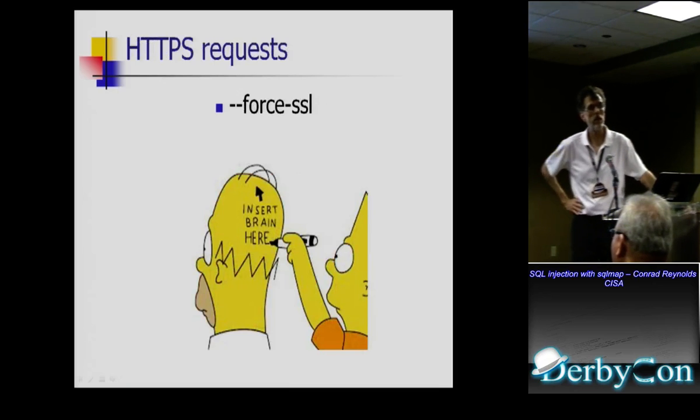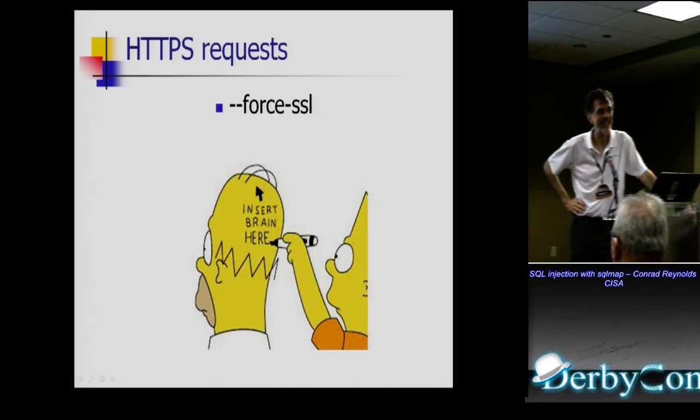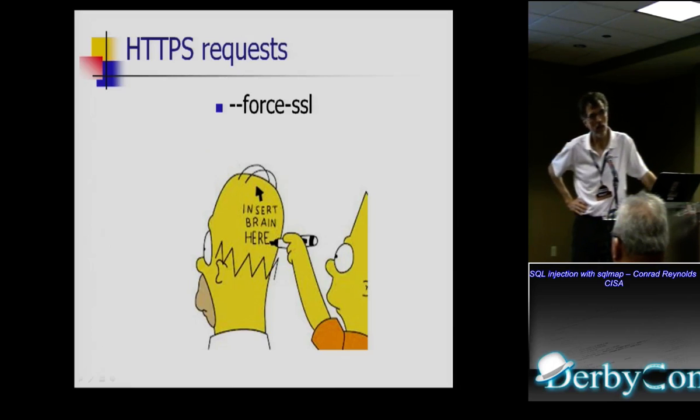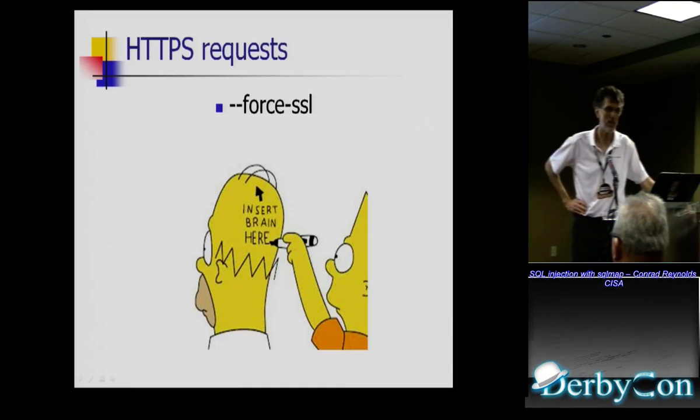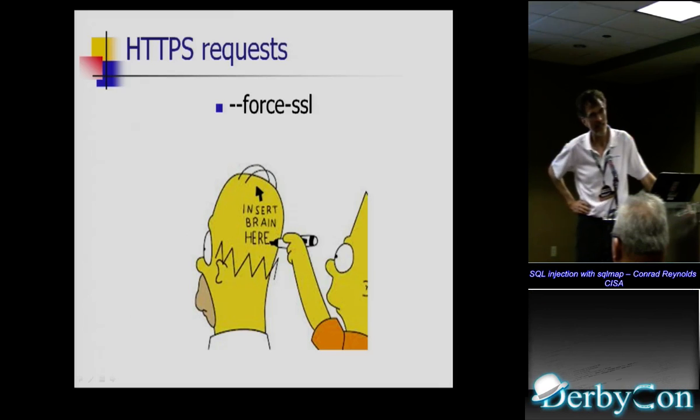Don't forget this one. I forget it at least once a month. If the website that you are attempting to inject into is an HTTPS website, remember to use the option --force-ssl. Otherwise, what will happen is Sqlmap will simply come back and say that its request failed. It won't tell you that the reason it failed is because you forgot to specify SSL and it's an SSL site.